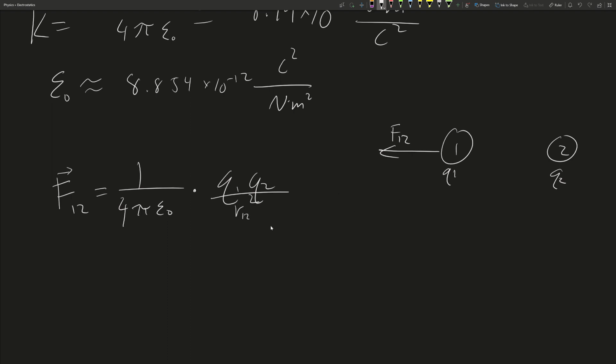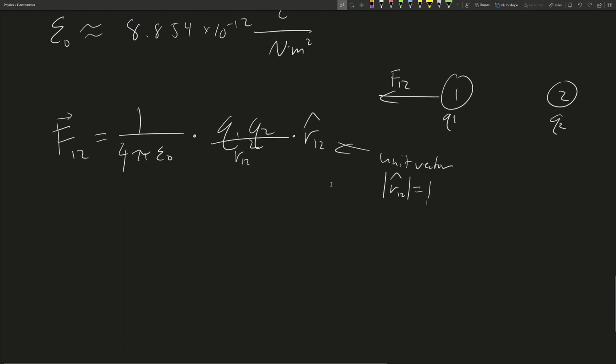Now, R12 and R21 here, since it's squared, the direction doesn't matter. Times the unit vector of R12. So this is the unit vector, and that means that the magnitude of this is equal to 1.